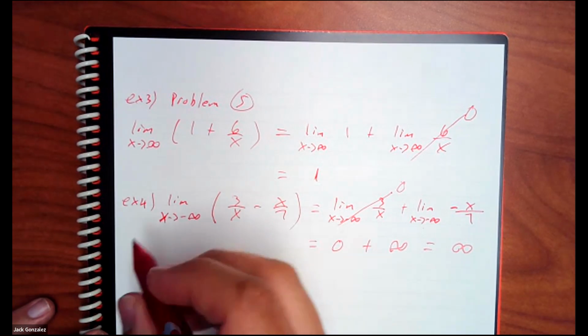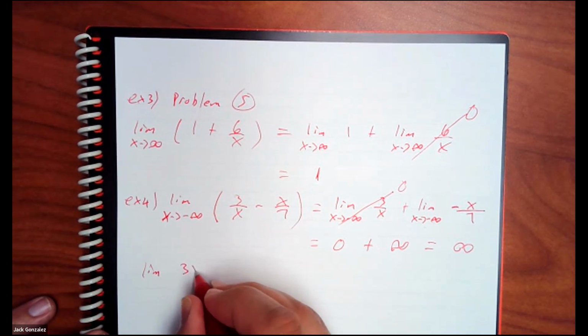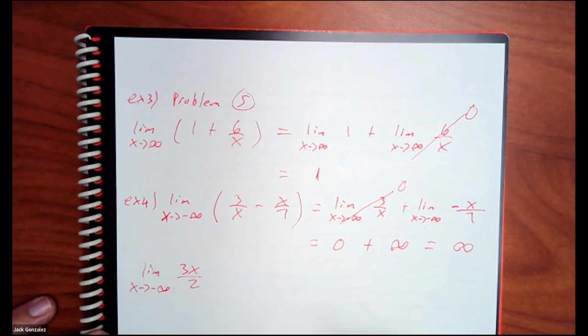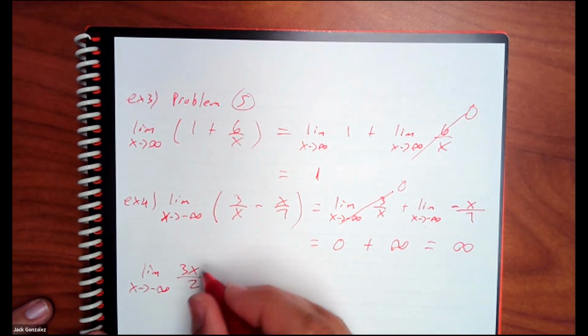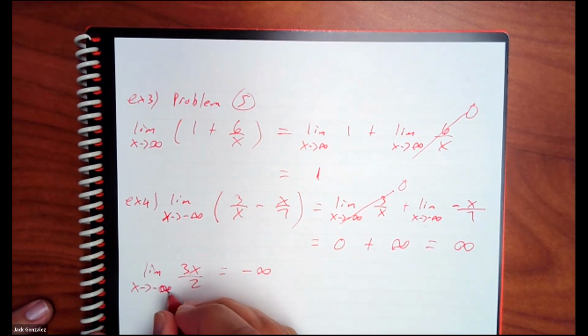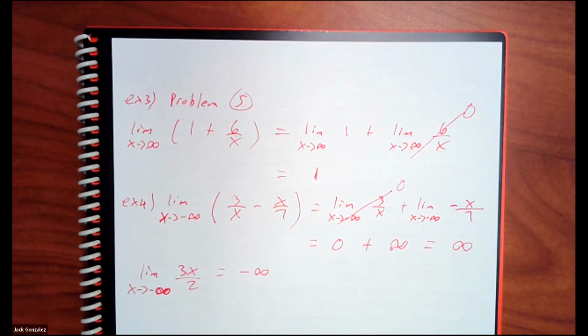Right, like something like this here. This guy would be negative infinity. Does that make sense?